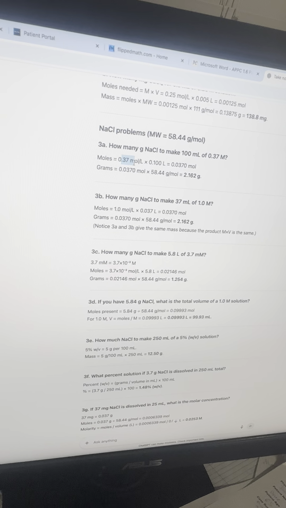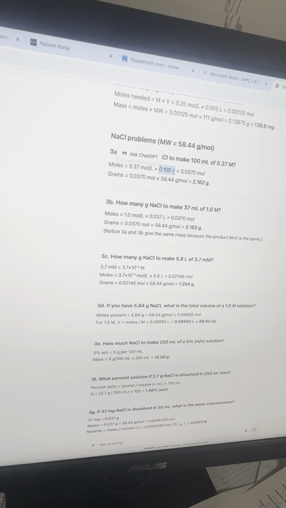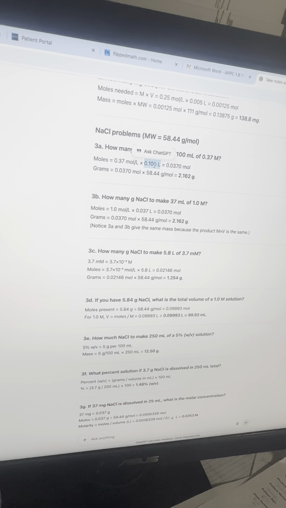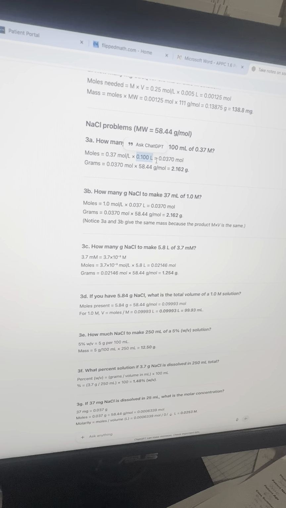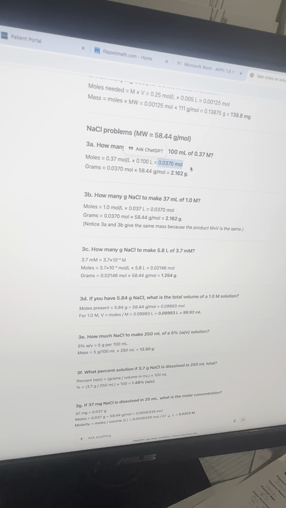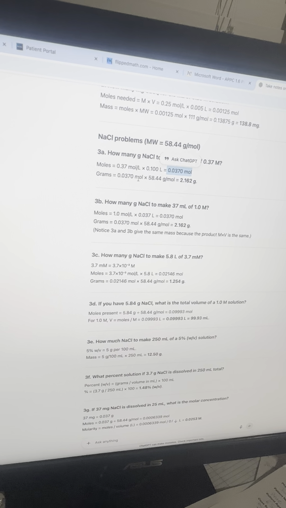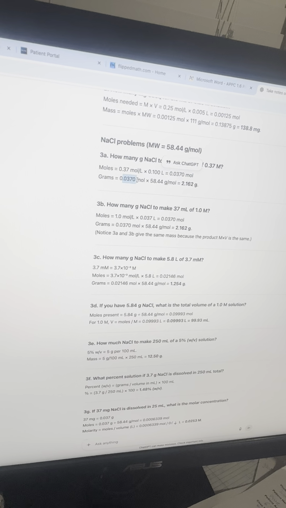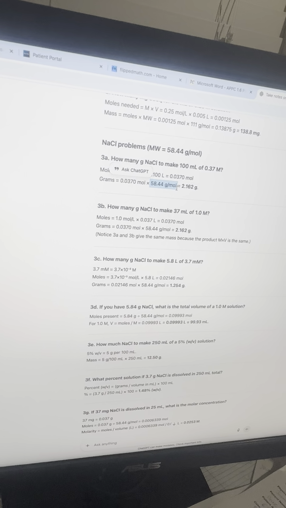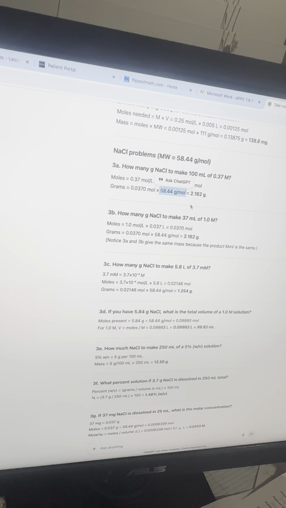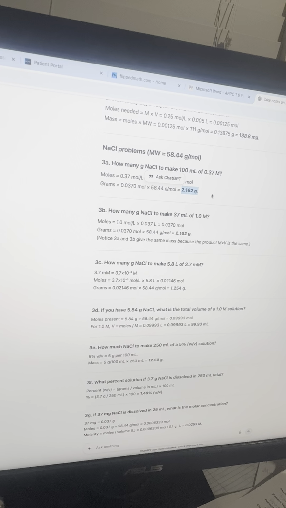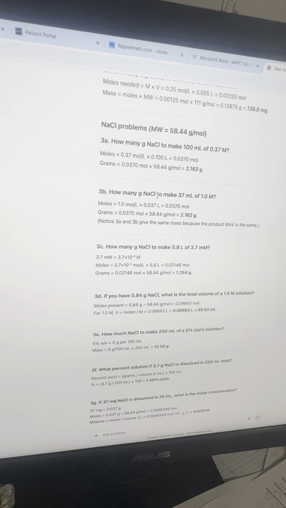We have our molarity times the liters, and since that's in milliliters, convert that to liters, equals how many moles we actually have. And then we plug those moles into the number of moles times the molecular weight, because it's in molarity, and you get the amount of grams. All right, that's basically it.